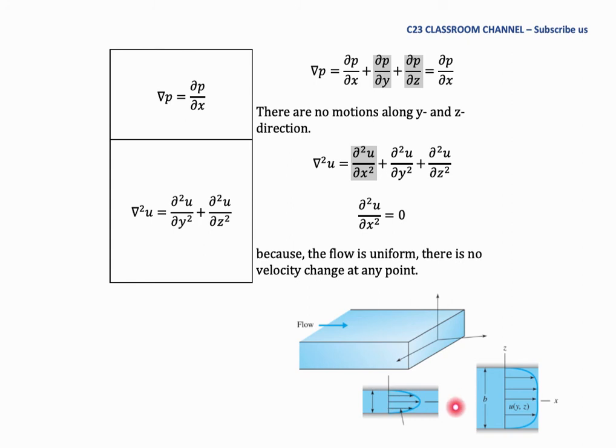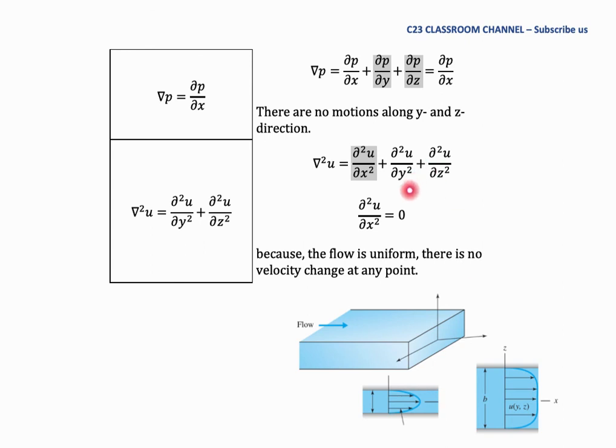Yes, the velocity profile is a curve like this, but at any point here the velocity is steady, so del u over del x is equal to 0. There are no changes of velocity along the x direction.